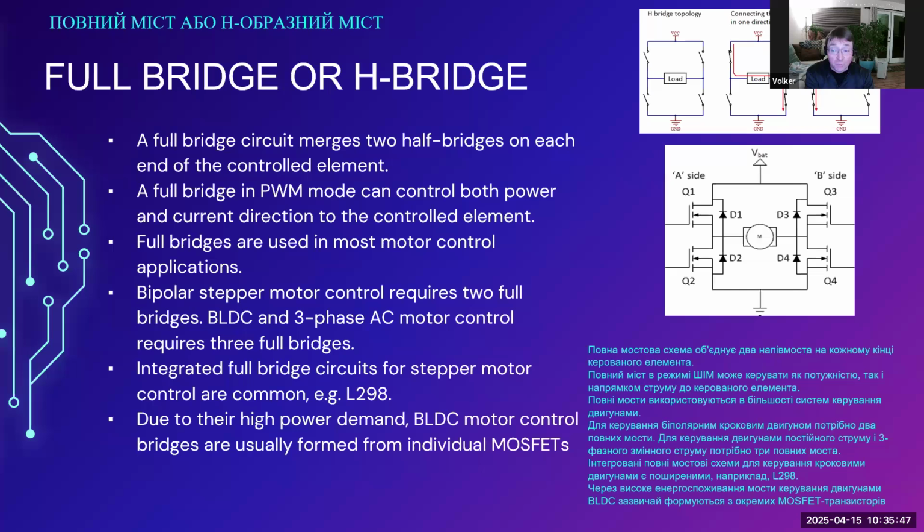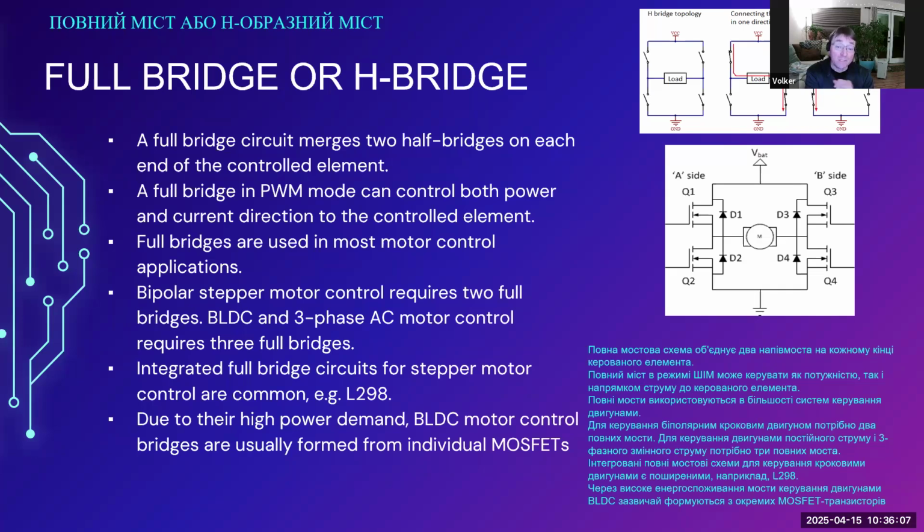You can use two H bridges and control a winding in a stepper motor. That would be a typical application for a stepper motor drive, and you can get integrated circuits that do this.